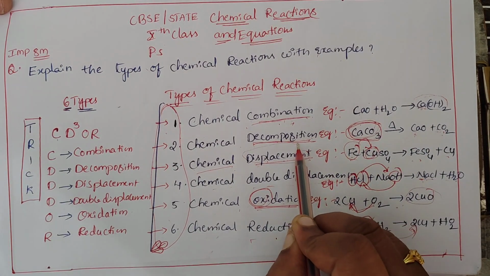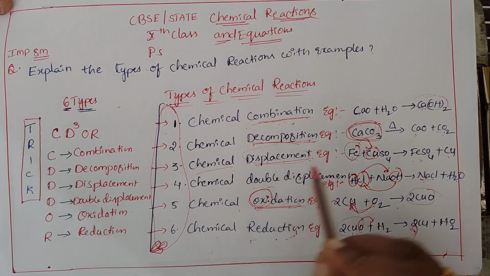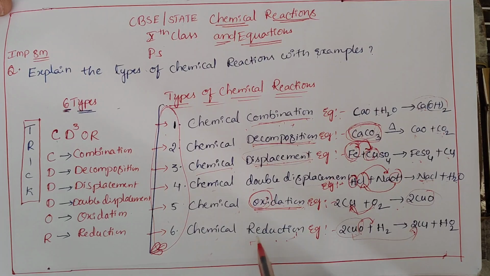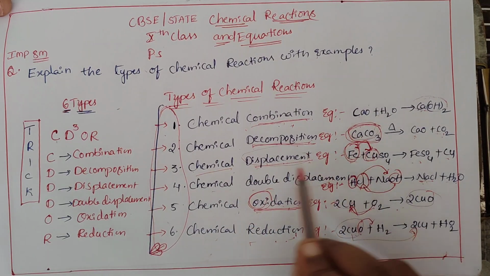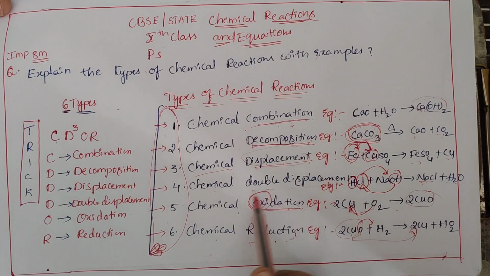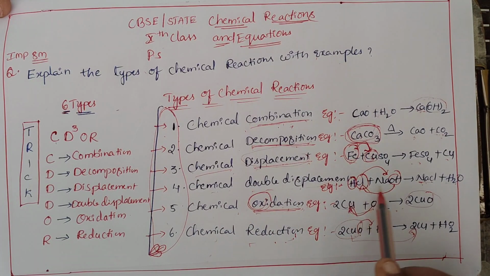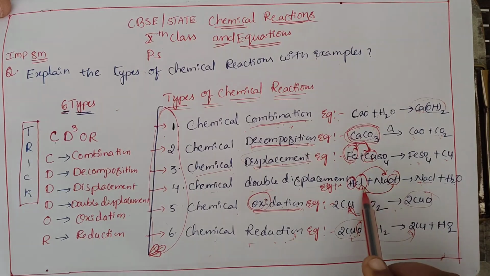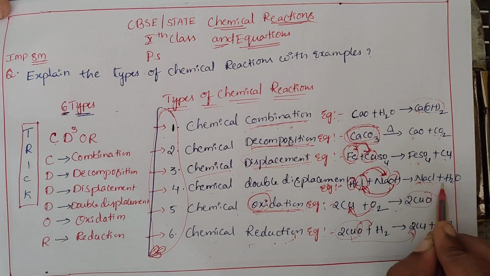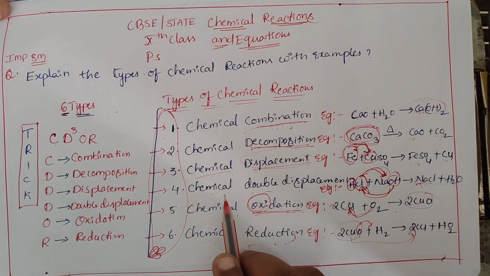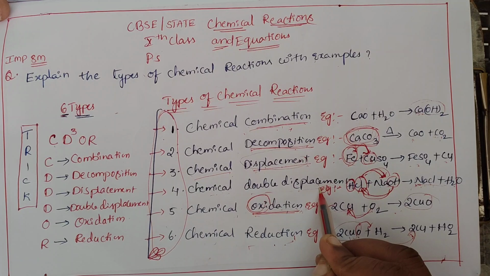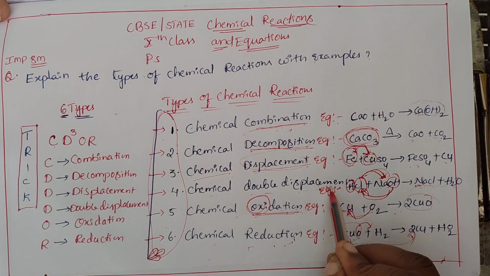In displacement, a more reactive element displaces a less reactive element. In double displacement, the two substances mutually exchange their ions, forming new substances. Two displacements happen, that's why it is called chemical double displacement reaction.